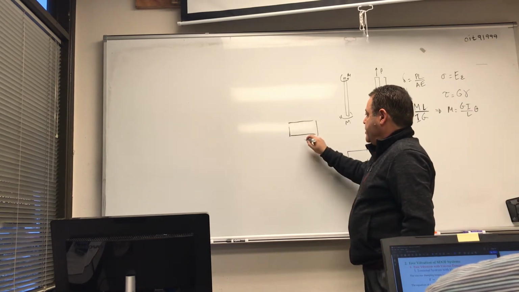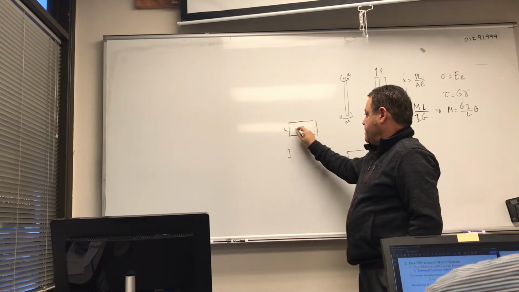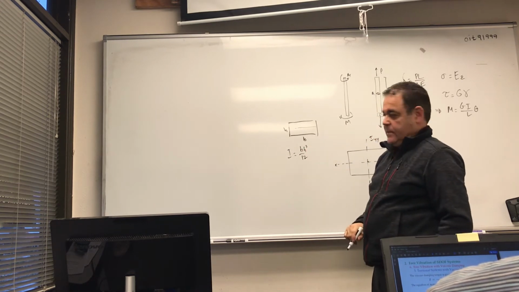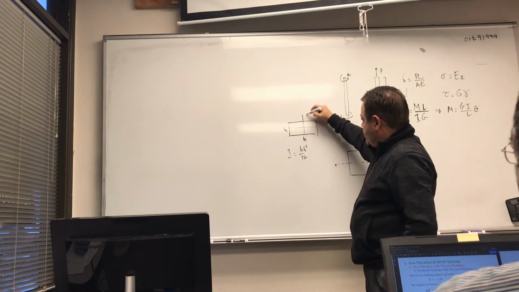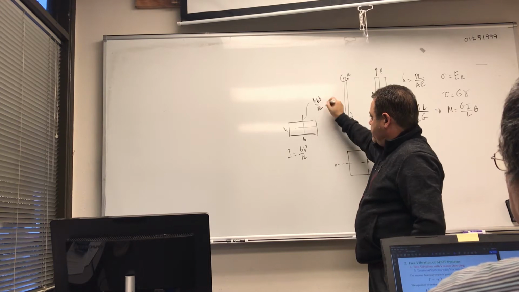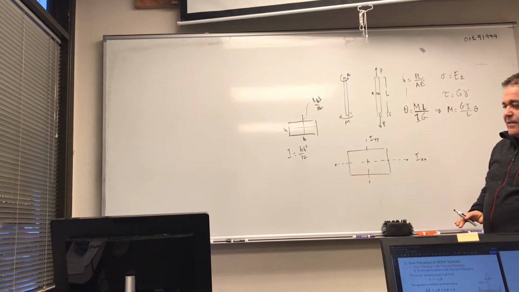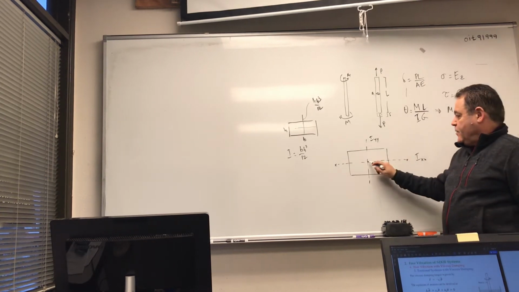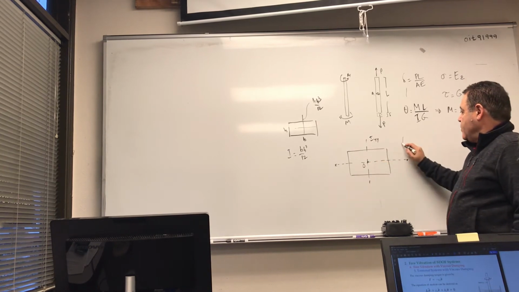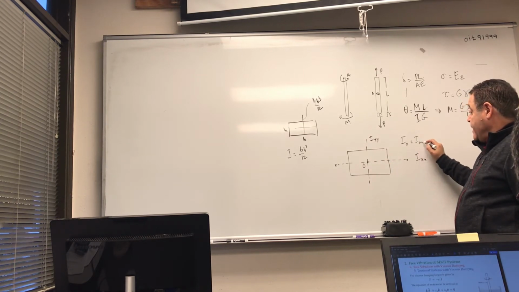From strength of materials, when you have b and h here, I with respect to this horizontal axis is bh cubed over 12, but with respect to this axis it is hb cubed over 12. That's more strength of materials and machine design. All we were saying is that when you have Ixx and Iyy, if you want to find I with respect to O, that's equal to Ixx plus Iyy.